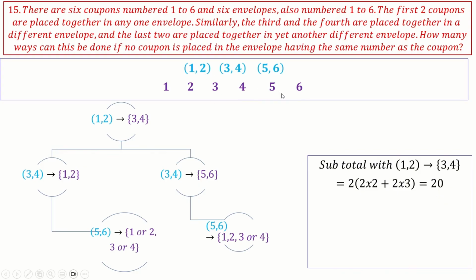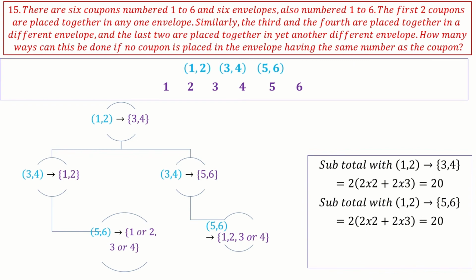Similarly, 1 comma 2 can also go into 5 comma 6. I get exactly the same set of values again. So in that case, if 1 comma 2 goes to 5 comma 6, I again get 20 options. So the total number of ways I can place the coupons in envelopes is 20 plus 20, that is 40. That's the answer.